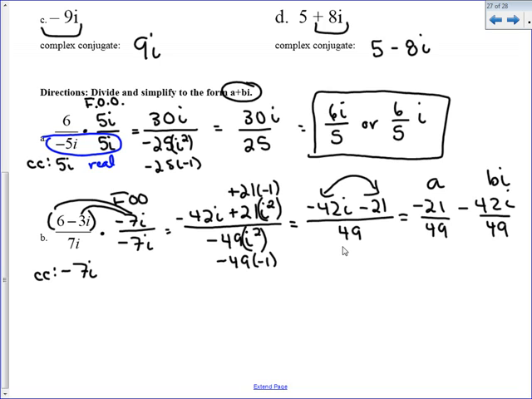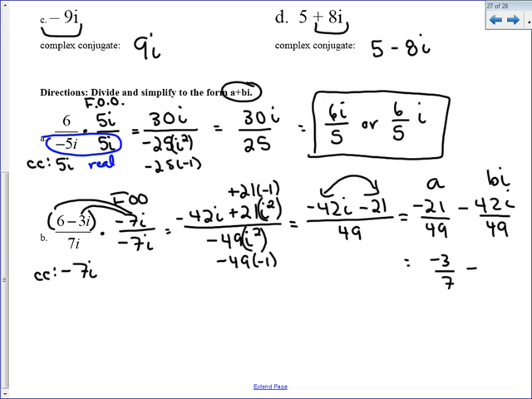And now if you hadn't seen before, what Alicia said where I said, oh, I could just divide them all by 7, just simplify the real fraction and then simplify the imaginary. So now I could simplify negative 21 over 49. I can divide those both by 7. I get negative 3/7. And then I can simplify the 42 over 49. Again, I can divide them by 7.